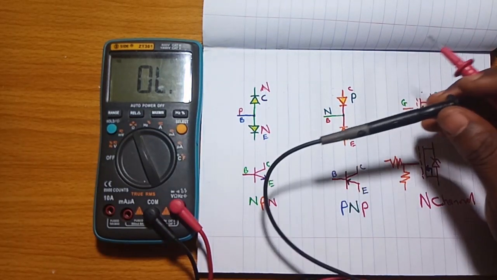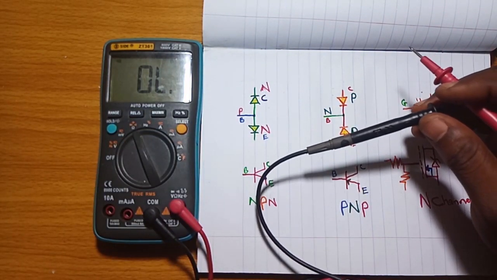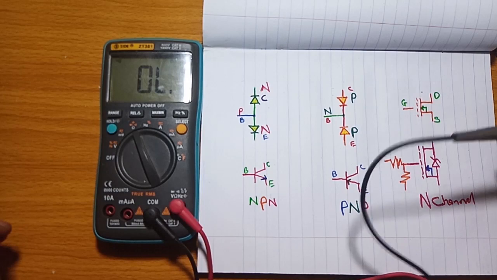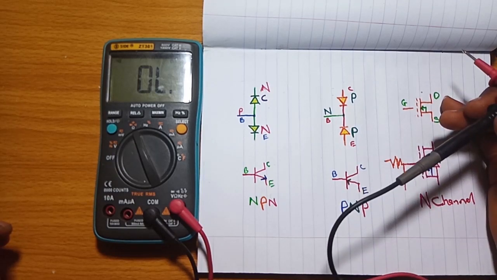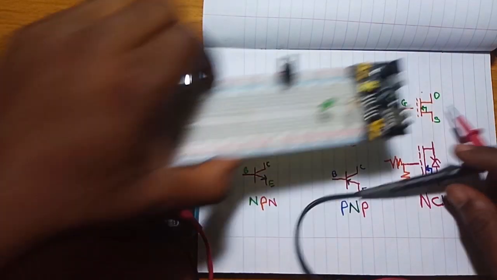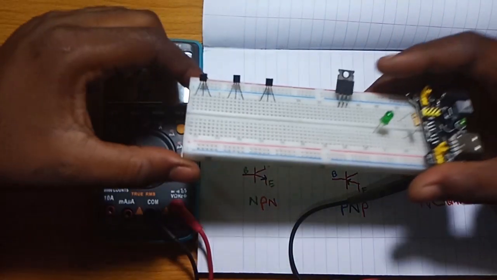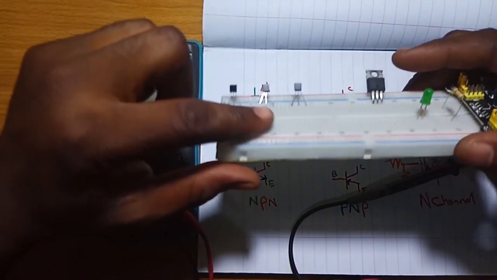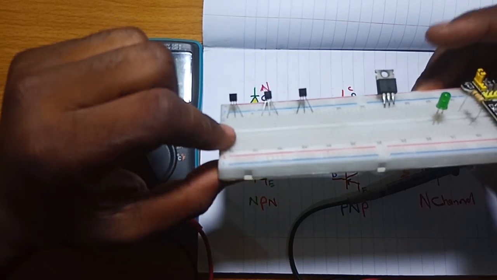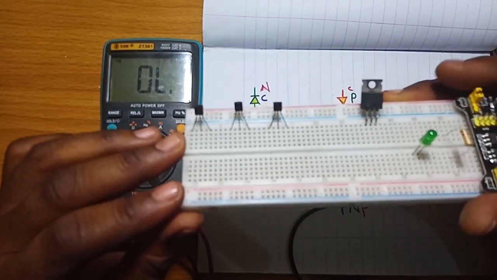Before I show you the practical aspect, let me show you what I mean. Looking at this circuit here, these are three different transistors. Let me show you the part number.